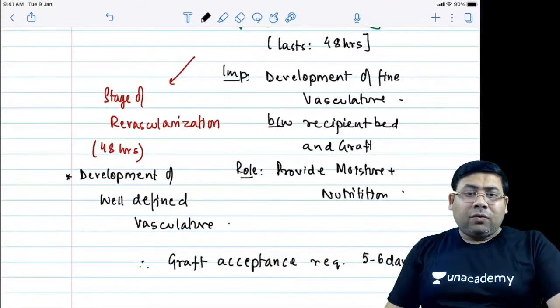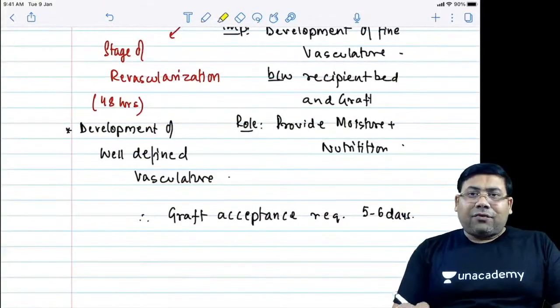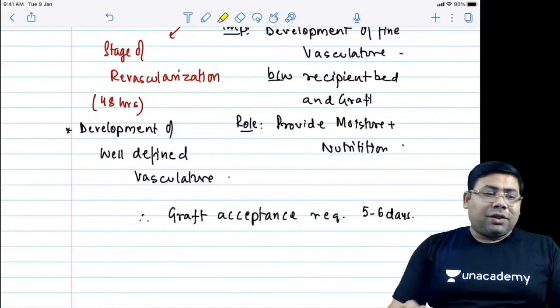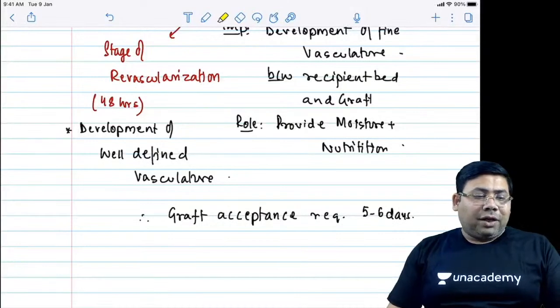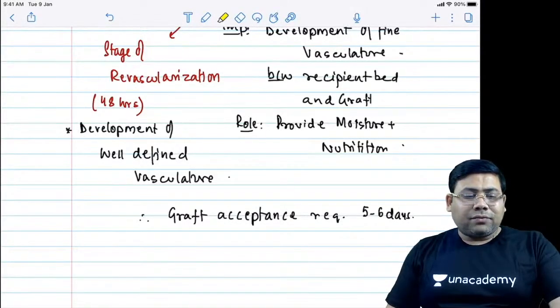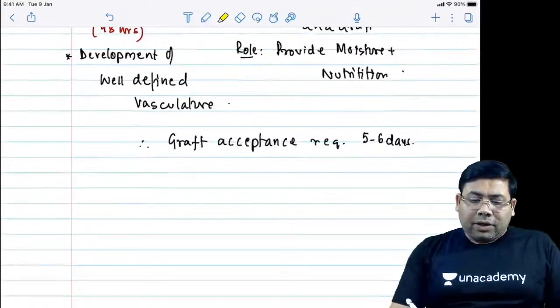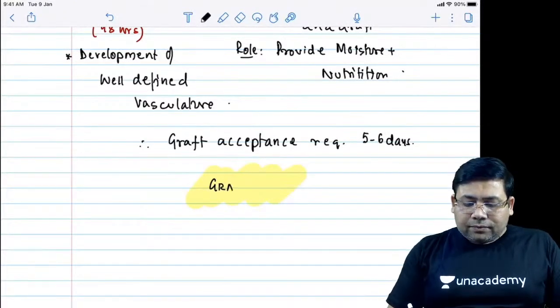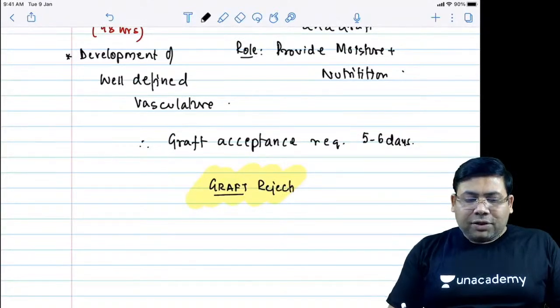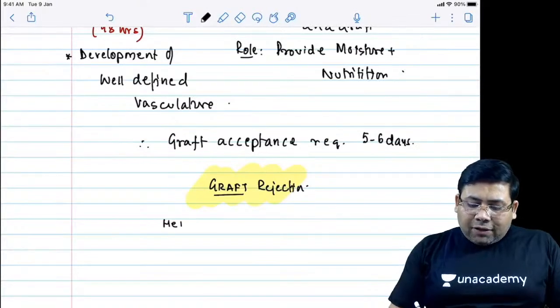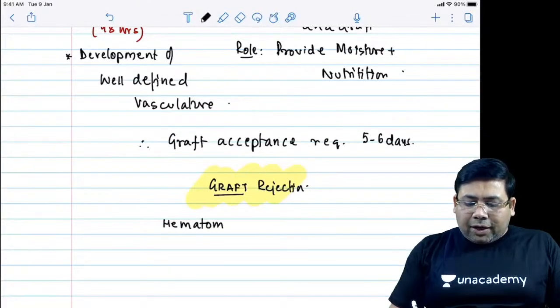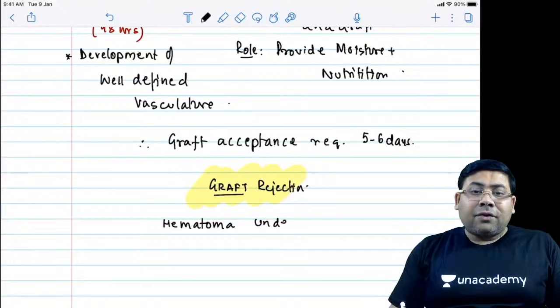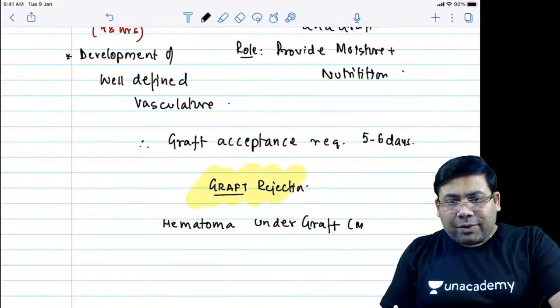I'm going to ask you, what is the reason for graft rejection? Can anyone tell me what is the reason for graft rejection? The concept of graft rejection is the hematoma developing under the graft. So the hematoma under the graft is the most common cause.